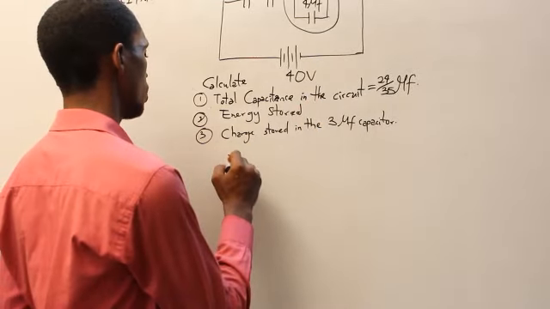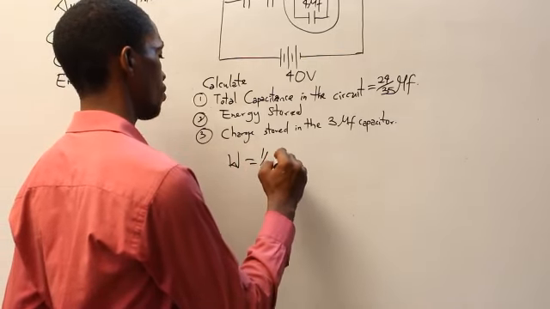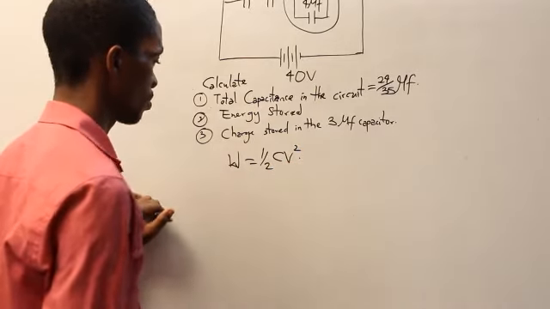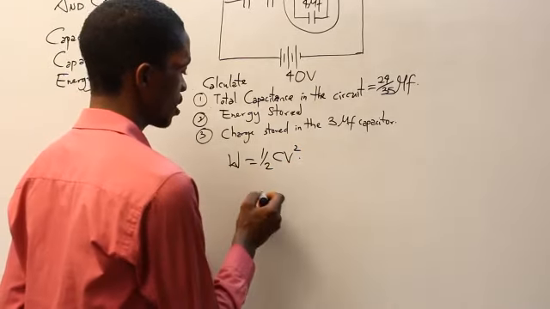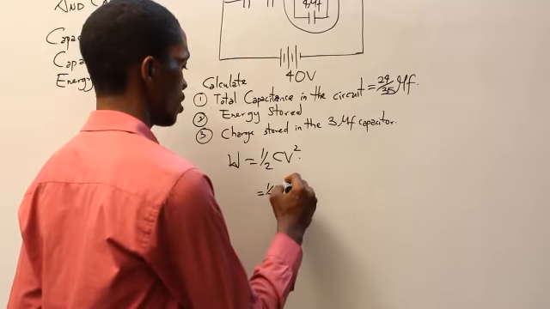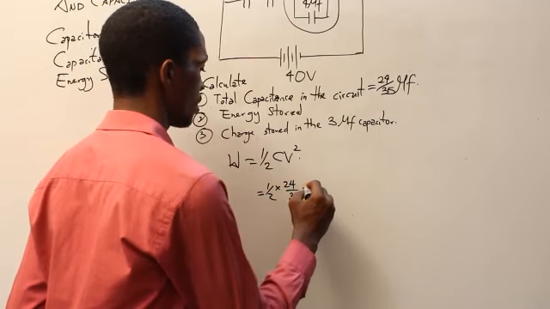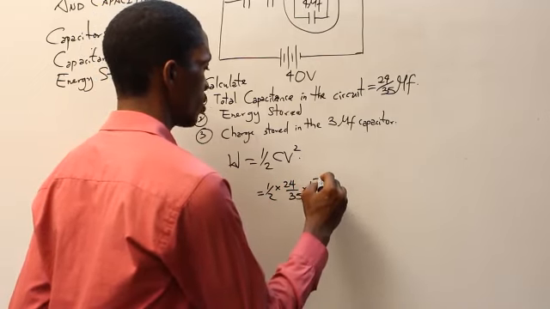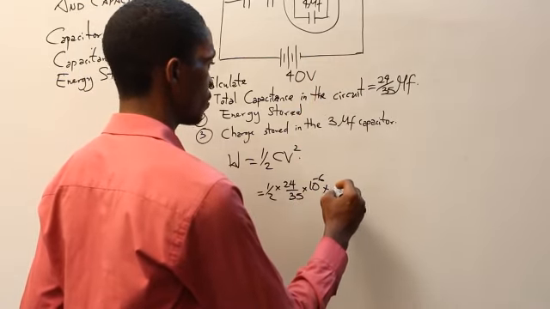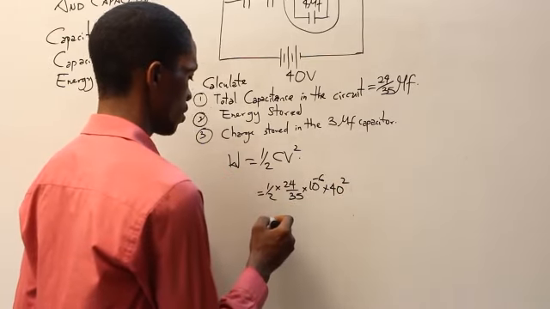We know that energy stored or work done equals half CV squared. And that is, in this case, half, our C is 24 over 35 times 10 raised to the power of minus 6, that's micro, multiplied by 40 squared.